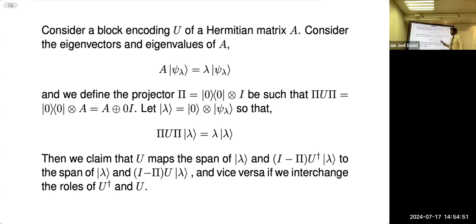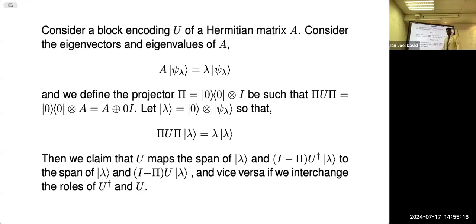So we found effectively the eigenvalues and eigenvectors of this new operator, Pi U Pi. Okay? So already, as I mentioned, this encodes the spectral information. And this is why, if we can encode the spectral information of A, we can transform the spectrum of A, and we can effectively come up with our block encoding of our function of A.